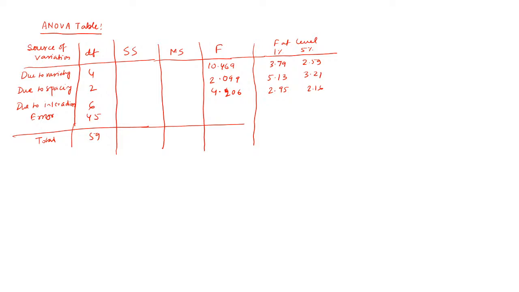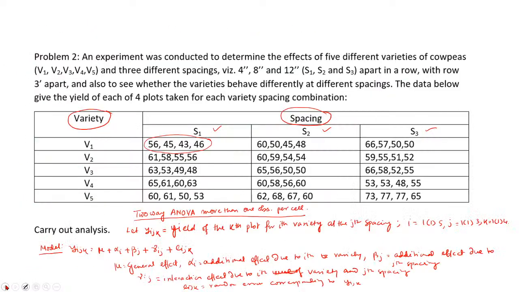For two-way ANOVA with more than one observation per cell, fixed effect model, I already discussed this situation. We should test the interaction effect first. One thing I forgot to mention is the null hypothesis. Here we first test H01: gamma ij equal to 0 versus H11: gamma ij not equal to 0 for at least one ij.